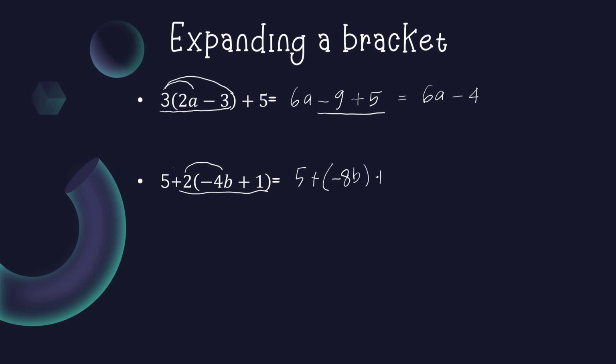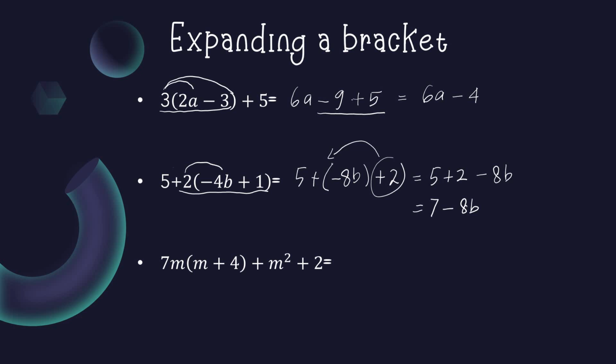And then plus 2. After that, we can rearrange this one. So 5 plus 2 minus 8b. That will be 7 minus 8b. Like this.